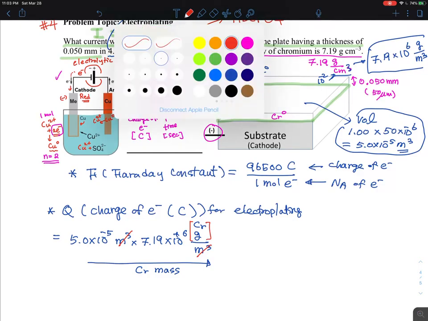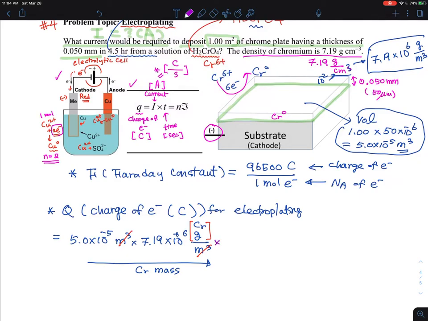So then I want to multiply this by, I guess, the atomic mass of chrome. That is 52.0 gram per 1 mole chrome.